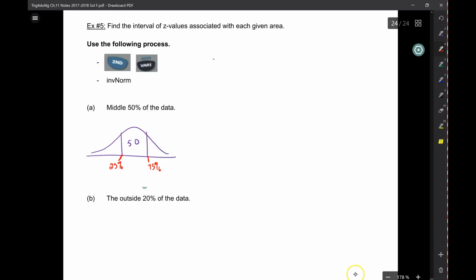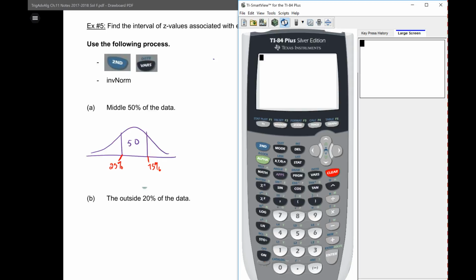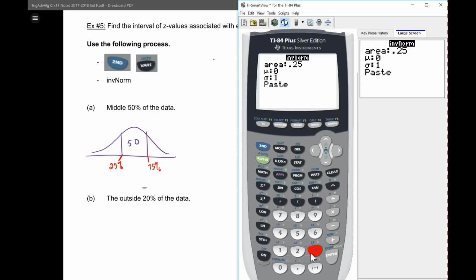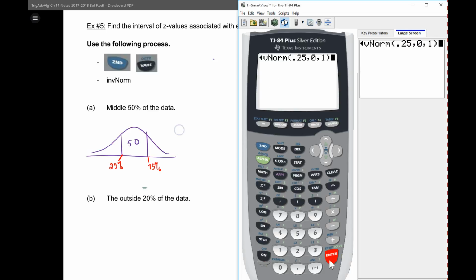So what you're going to do is this. On the calculator, you're going to do second distribution, and you're going to take number 3. And here, because it's 25%, we're going to put in 0.25. Enter, enter, enter, enter.